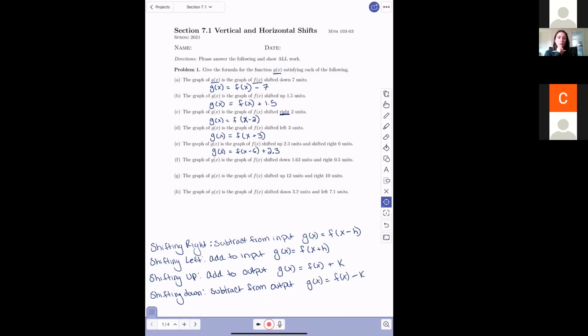Okay. The graph of g of x is the graph of f of x shifted down 1.63 units and to the right 0.5 units. So g of x is equal to f of, we're going to the right 0.5 units, so am I adding or subtracting?